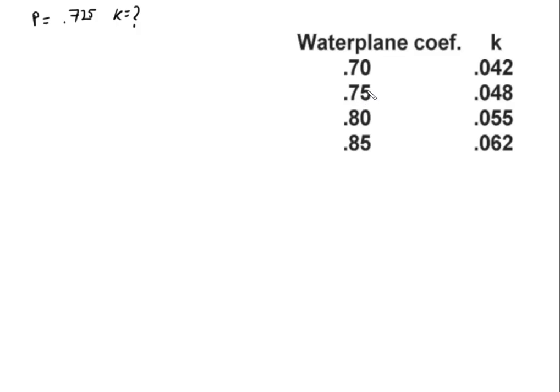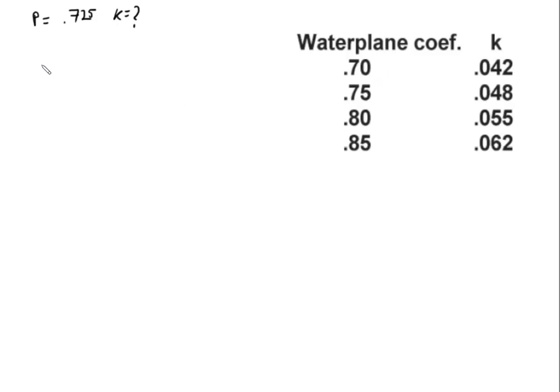Well, 0.725 is smack dab between 0.70 and 0.75, and so your K value is going to be smack dab between 0.042 and 0.048. So I'm going to reproduce this part of the PK table over here.